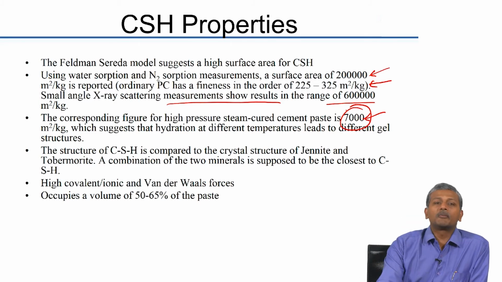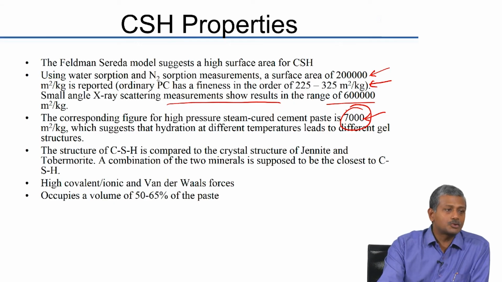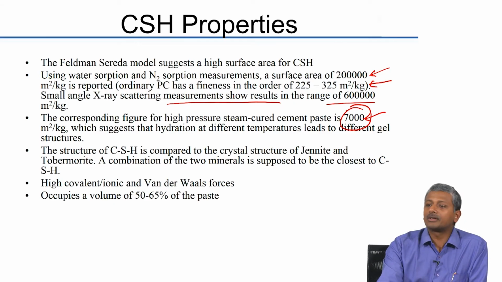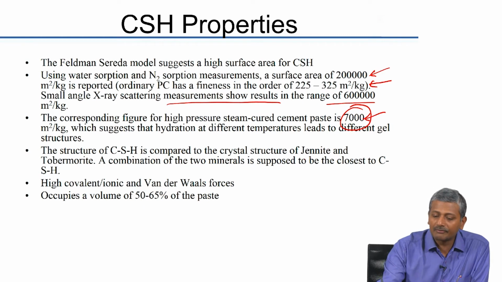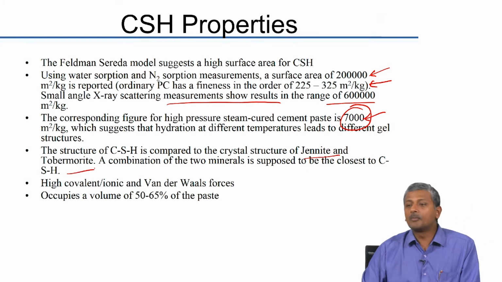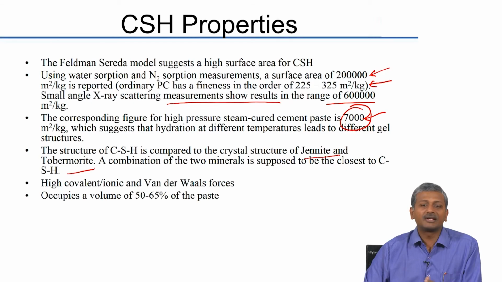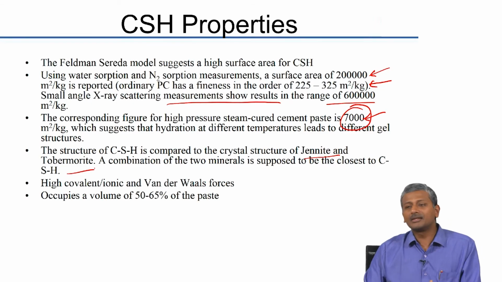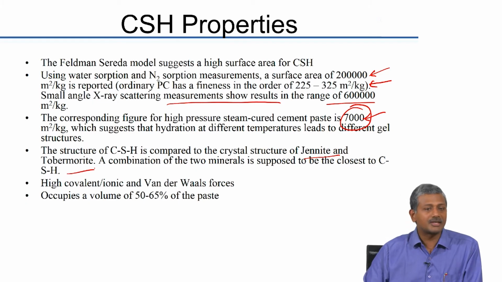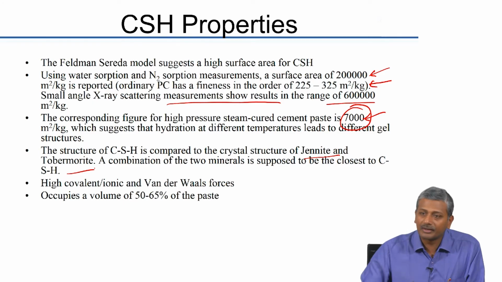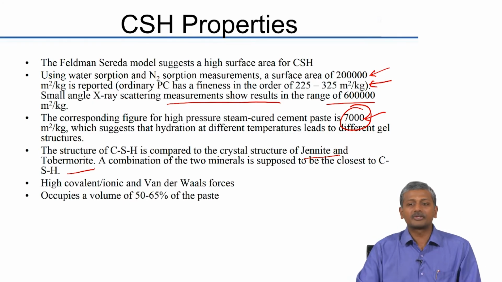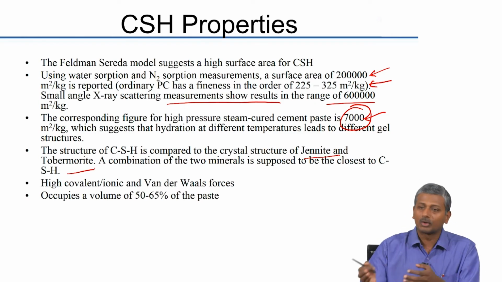Now what people have tried to do is associate the structure of CSH with some naturally occurring minerals. So here they have said that it resembles a combination of the structures of two different calcium silicates, one is called jennite, the other is called tobermorite. But the subject of the structure of CSH is still under debate, and we do not have to really bother too much about it in terms of our understanding of concrete microstructure further, because I do not think we are looking at it from the perspective of cement chemists, we want to see it from the perspective of civil engineering.